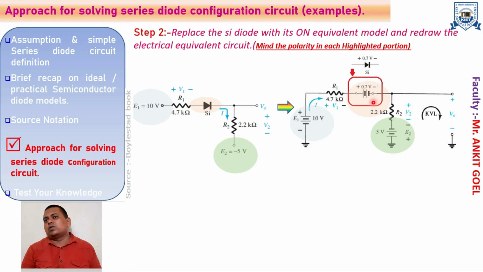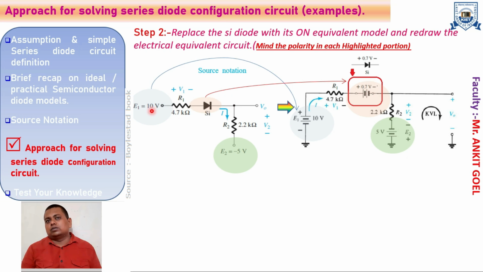We know that the silicon model has its own equivalent circuit, that is a 0.7 volt battery in series with an ideal diode. If I use the source notation, this is the equivalent circuit. The diode has been replaced with the 0.7 volt battery.